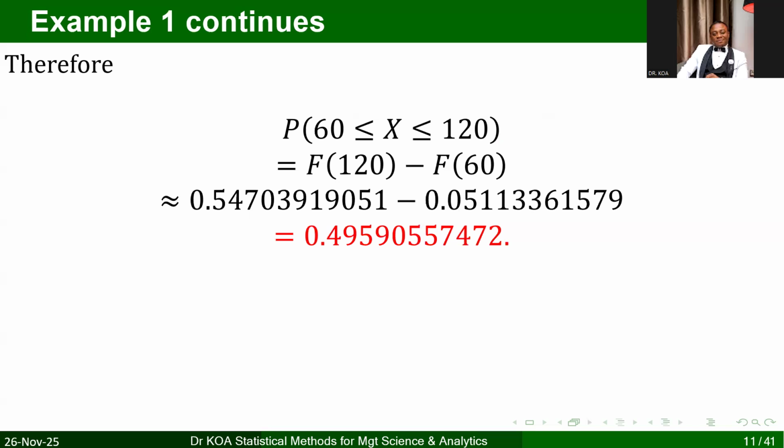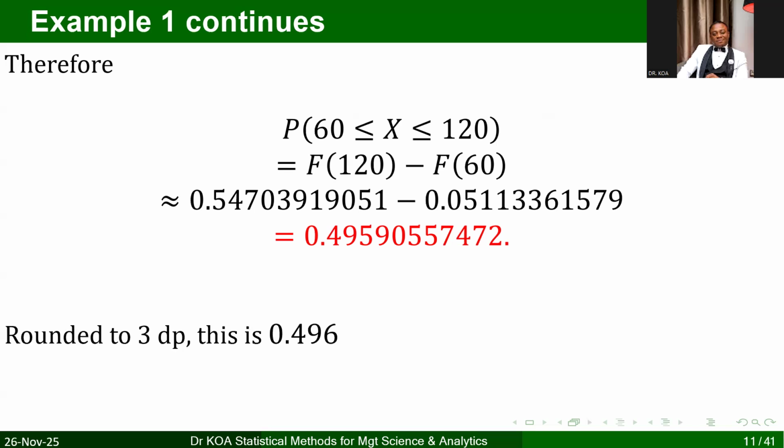So the chances that a gamma distributed mouse will survive this gamma radiation between 60 and 120 weeks are almost 50%.